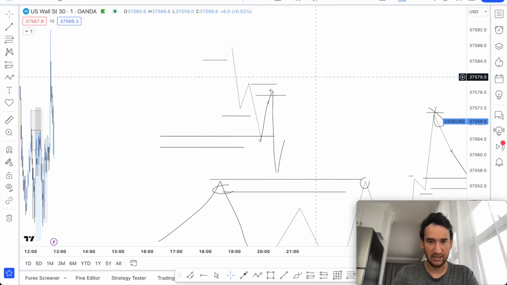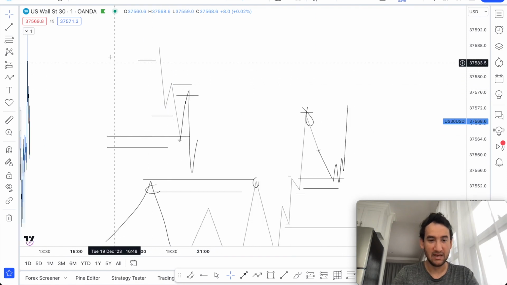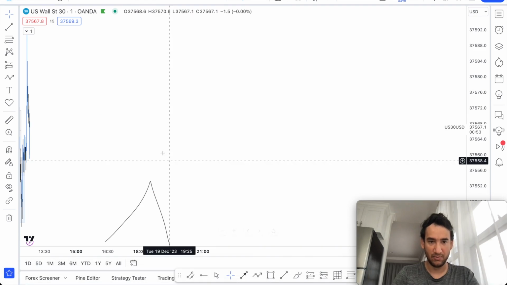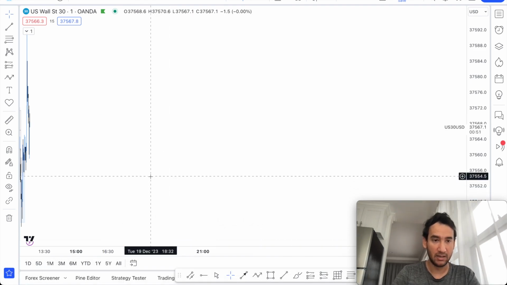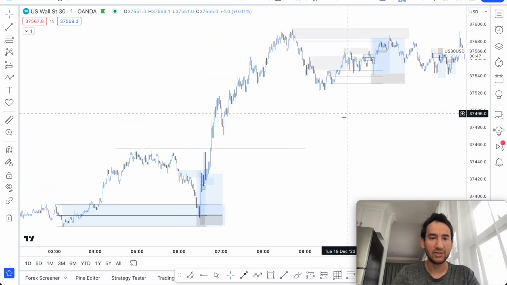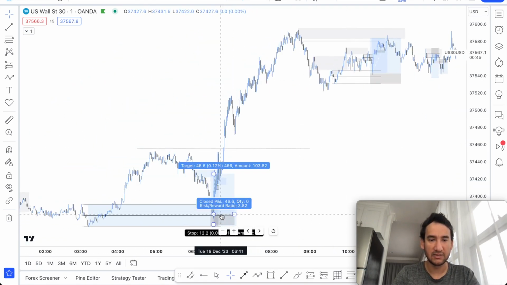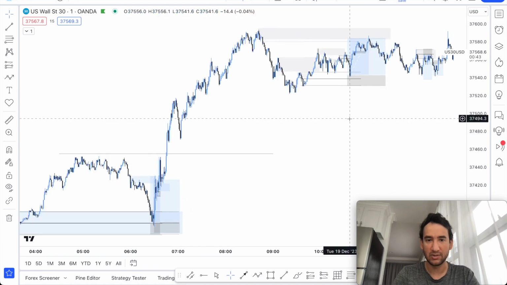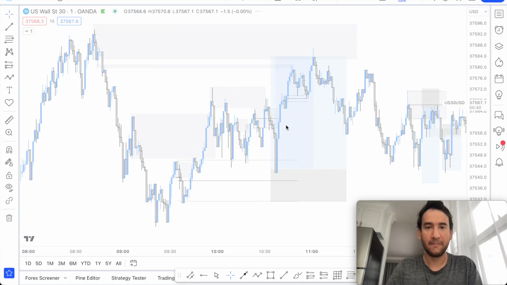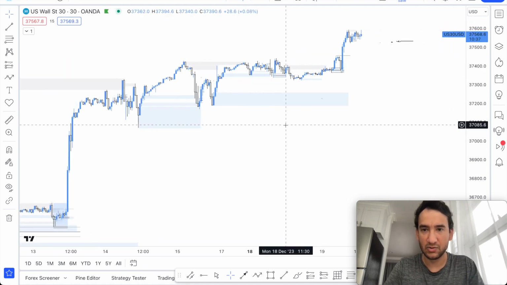I don't like seeing a lot of drawings here when I'm trying to show people my real stuff that I've taken, the real trades. Okay, here. So I've taken a trade this morning here and here, but we'll start talking about this one right here. Okay, let's go on a 30-minute here. And then we're going to zoom out.